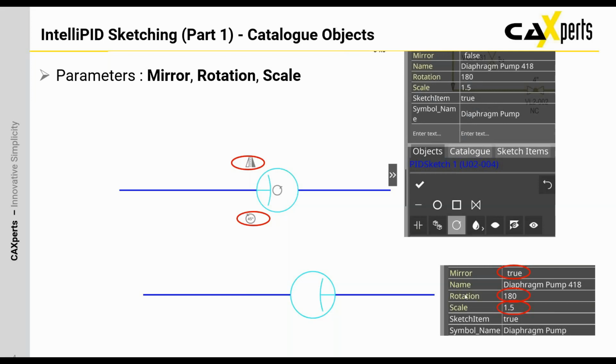But it is also possible to use the commands which are available, so that you can just rotate by dragging the object. It will rotate 45 degrees, but you can also use the mirror function that you see here on top if you want to just mirror horizontally or vertically.